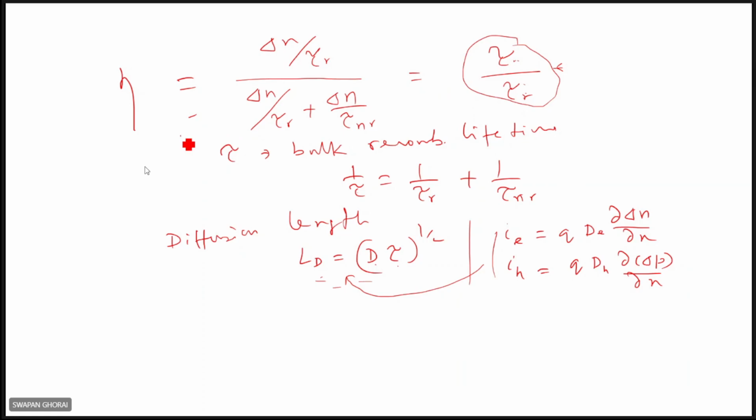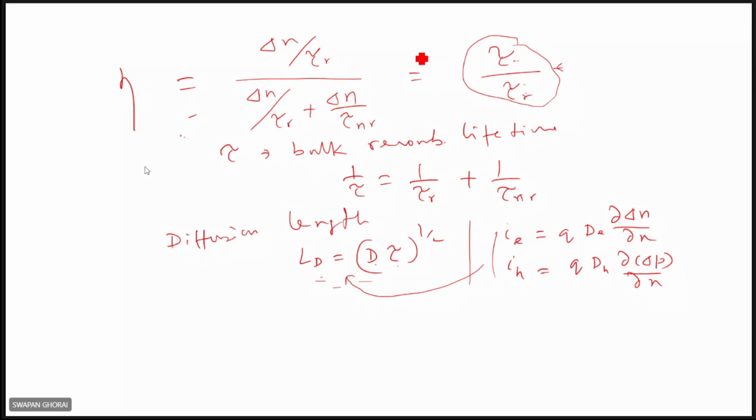If you calculate the power output from an LED, then this eta will play an important role, and this eta should be high, but eta will be reduced because of some factors like self-absorption, absorption, or active layer width, all those things.